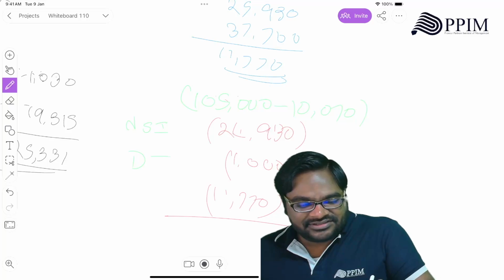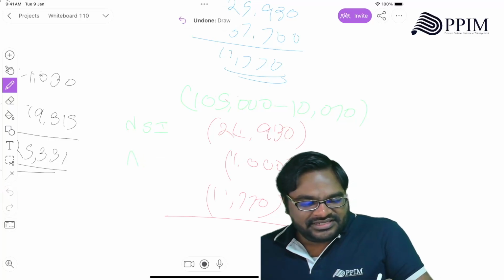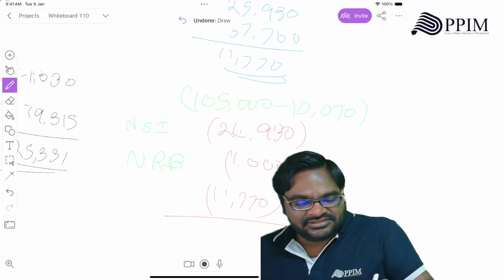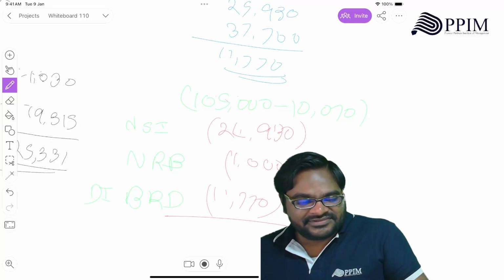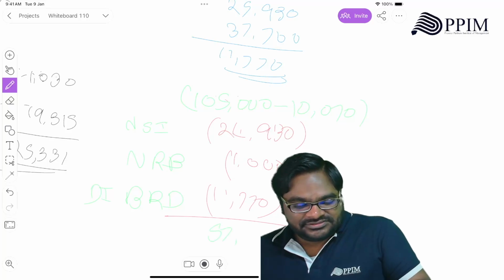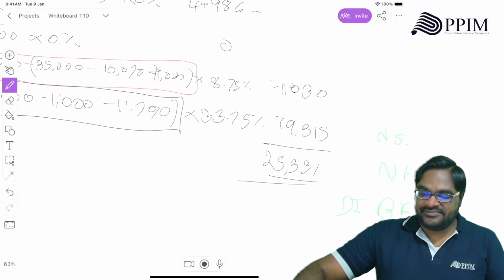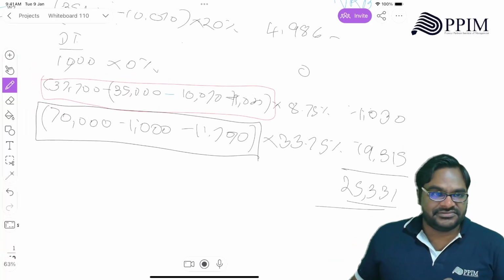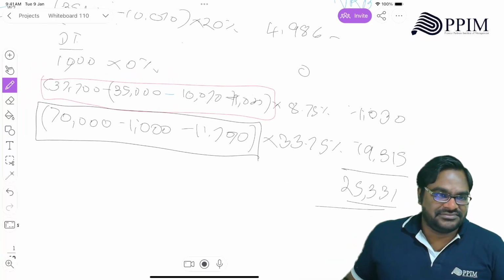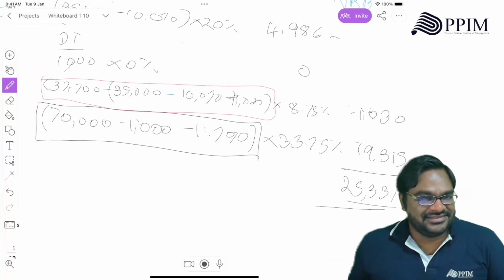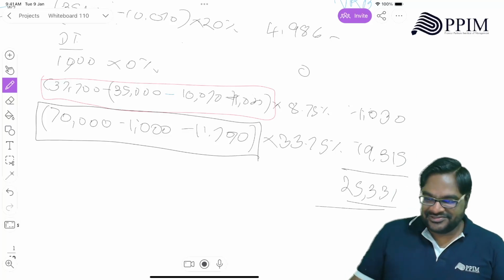NSNI, this is your nil rate band. This is your basic rate band for dividend. How much is the value? That is the same amount you are getting from here. Correct? The long route, I use a shortcut.